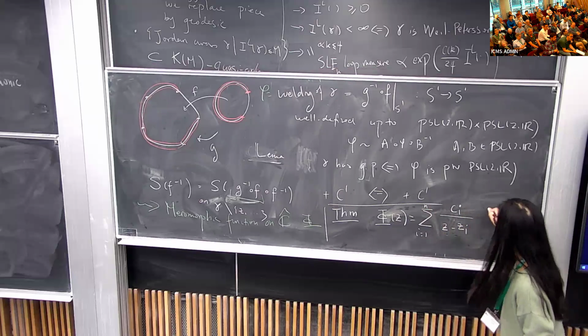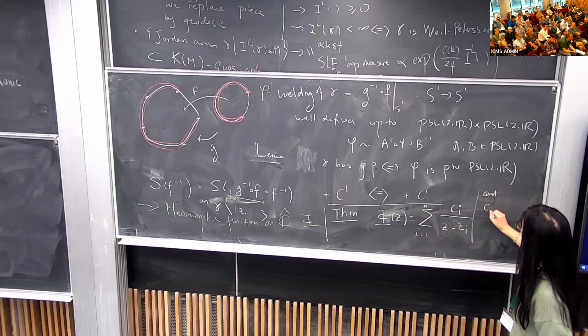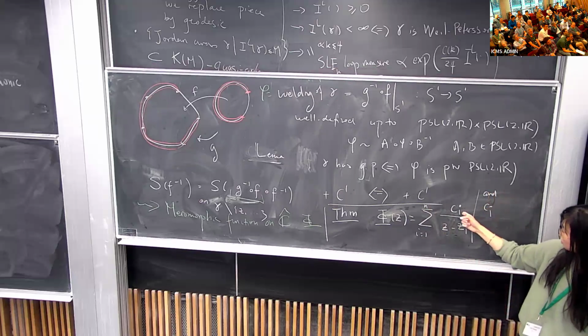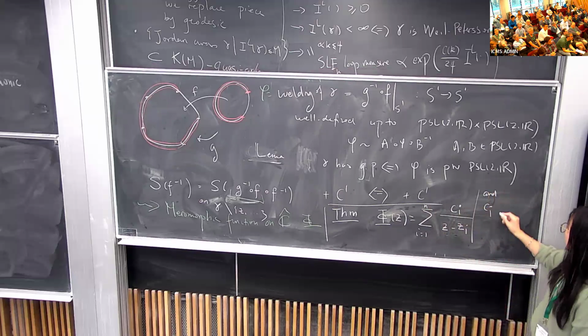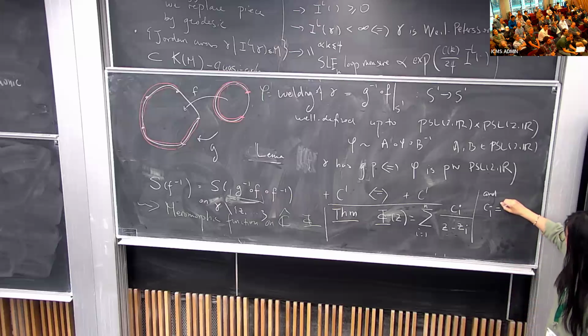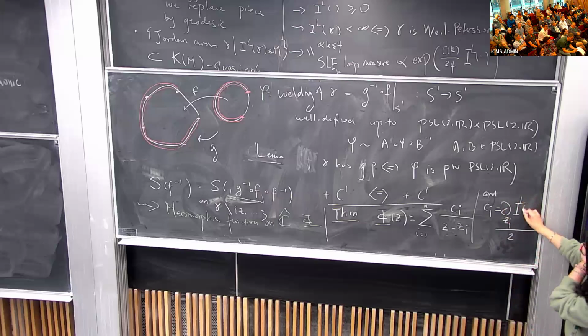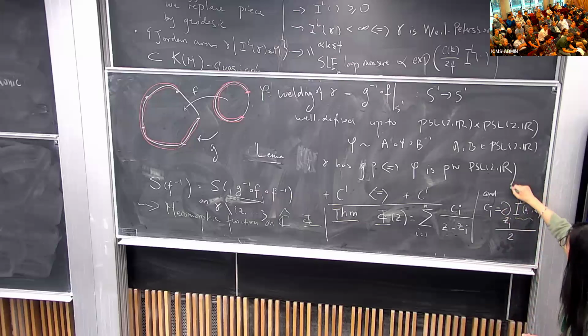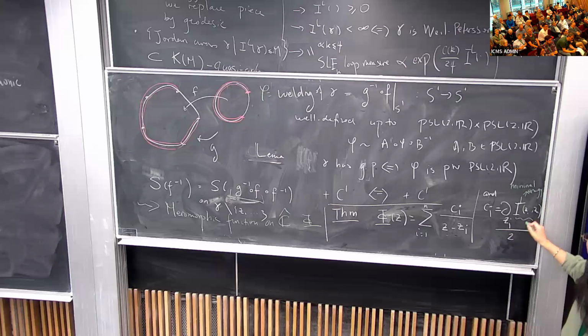And c_i, this is called the accessory parameter, is equal to the Wirtinger derivative over 2 of the Loewner energy. Here it's a bit different: this is the minimal energy, or the energy of the unique geodesic curve going through these points.